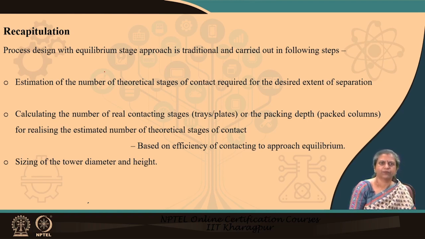The actual depth or the actual number of stages would correspond to the separation that we have achieved with the estimated number of theoretical stages of contact. Quite naturally, this is going to depend upon the efficiency of contacting. So, therefore, we will be discussing the efficiency, and finally, after that, we would go for the sizing of the tower diameter and the tower height.